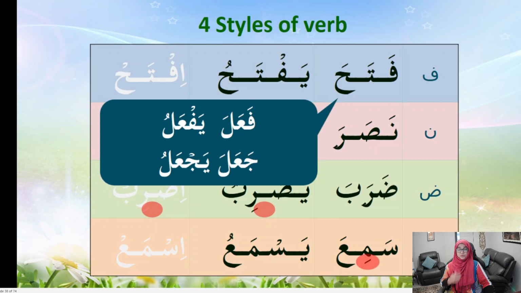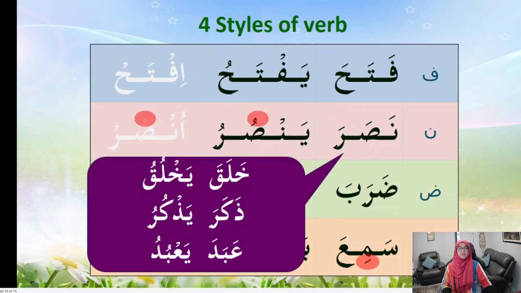So this is an example. Fataha, yaftahu. Fa'ala, yaf'alu. Ja'ala, yaj'alu. So now we have to remember fataha, yaftahu. Okay, now next line. Nasara, he helped. Yansuru, he helps or he will help.